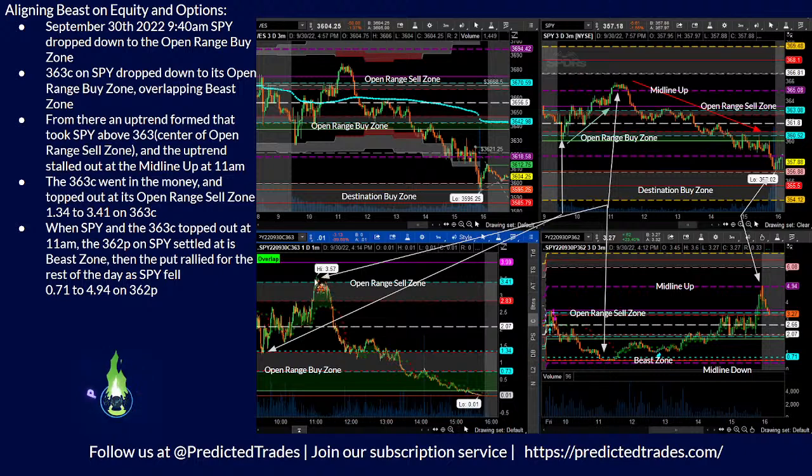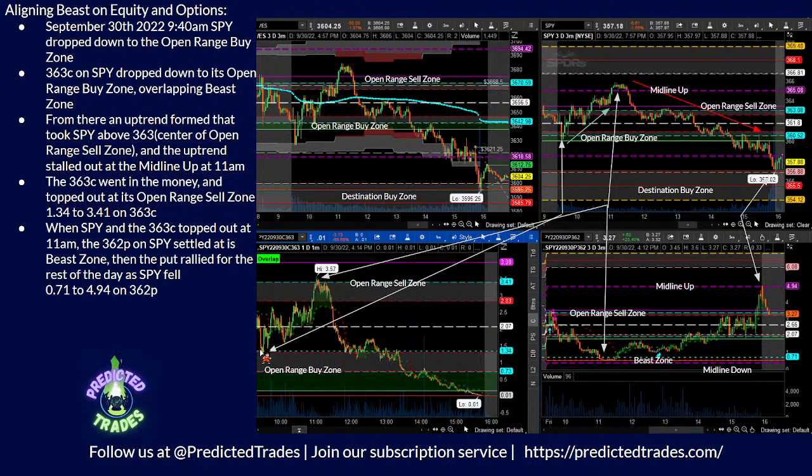Then about the time we are locking up our calls after we got over this midline, right at about 11, we're still watching our puts, which gave out their open range buy zone and fell down to their beast. Those hold their beast and start to pop out. This is where we're getting in long about the same time we're locking up our calls.